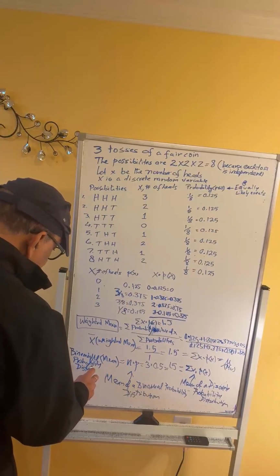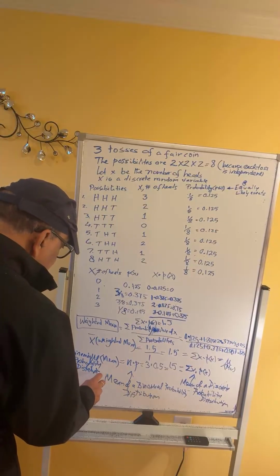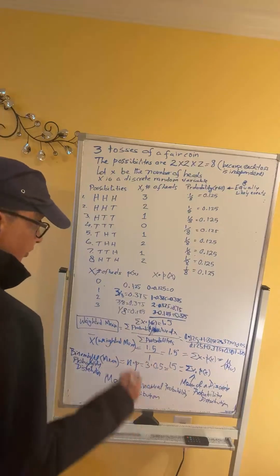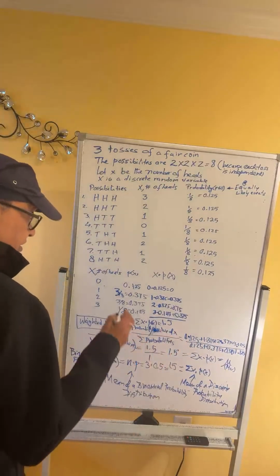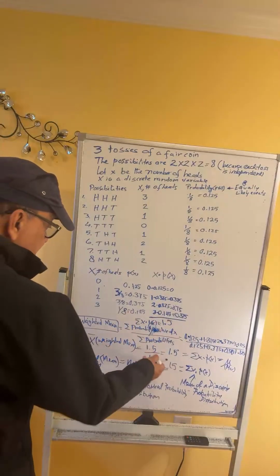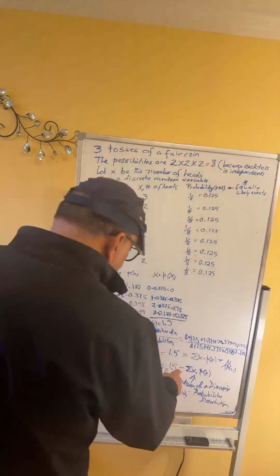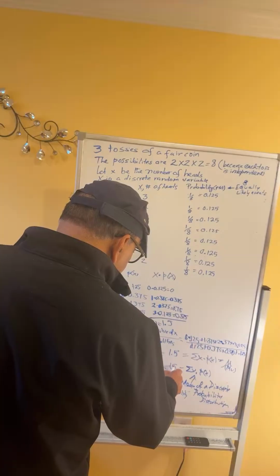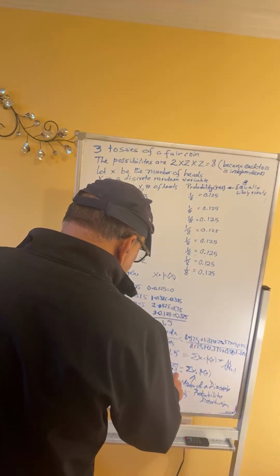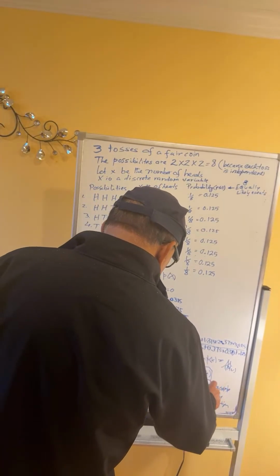What is n? In this case, you are tossing the coin 3 times. What is the probability of a head, a success, in each of these tosses? It is 0.5. 3 times 0.5 is 1.5. This is the same as sigma x times p(x).